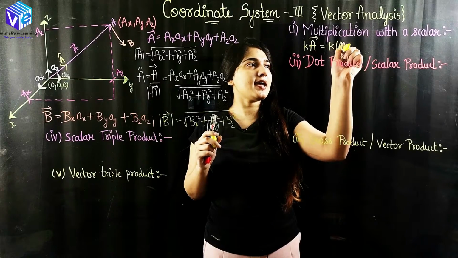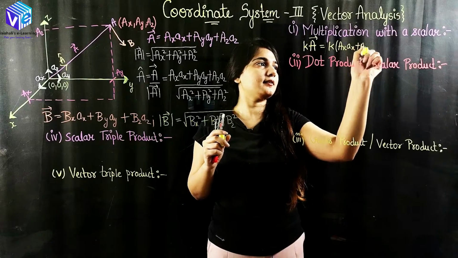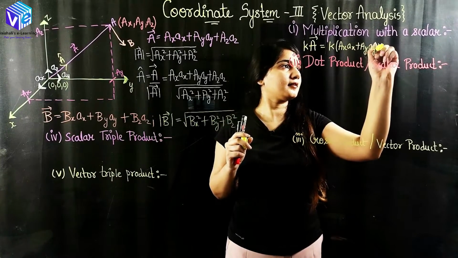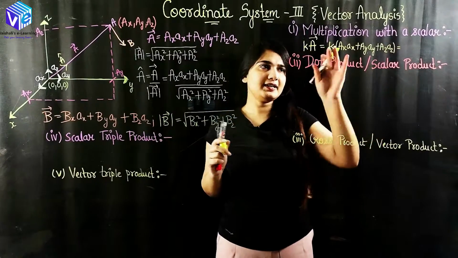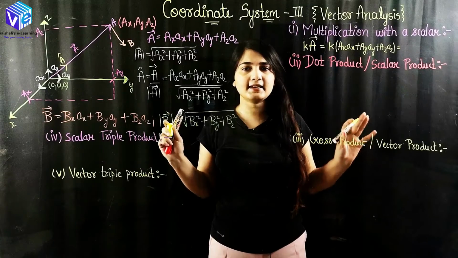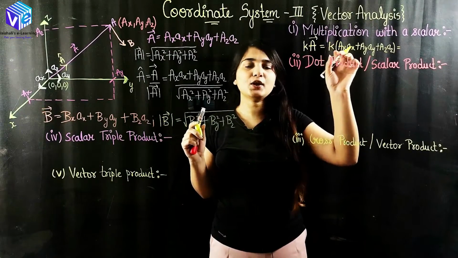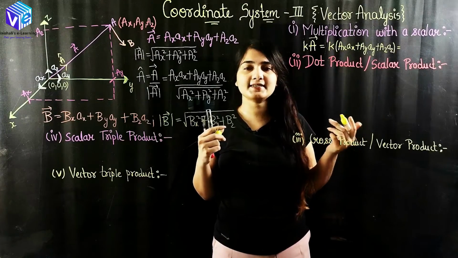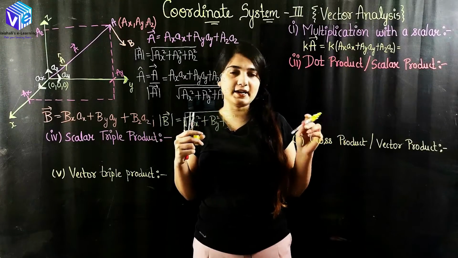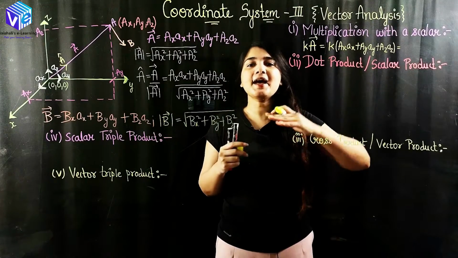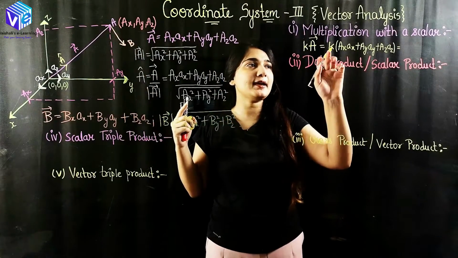A was Ax ax plus Ay ay plus Az az. Now if I have any scalar number, let's suppose k is 2 or 3 or any scalar number, what I will be doing is multiplying k with the coefficient of ax, with the coefficient of ay and with the coefficient of az. Whatever the coefficient is, I am multiplying it.